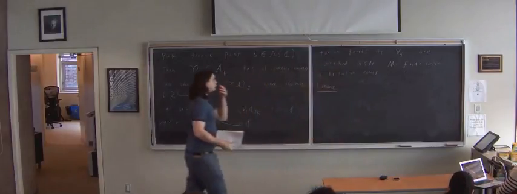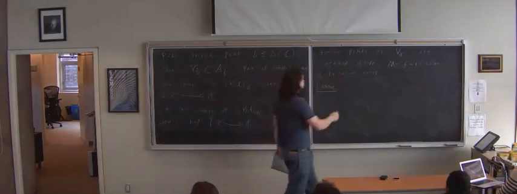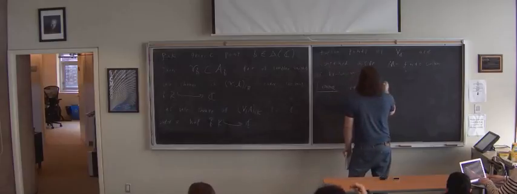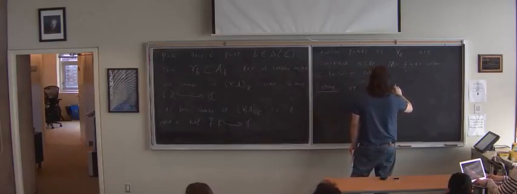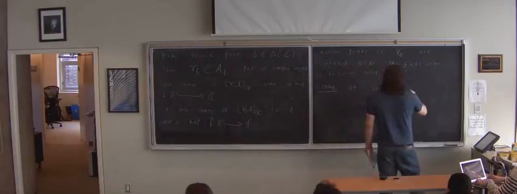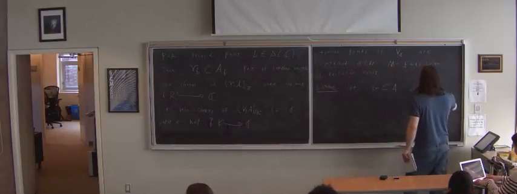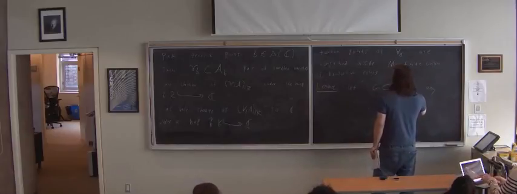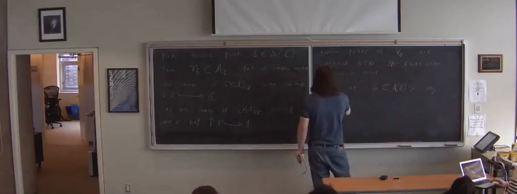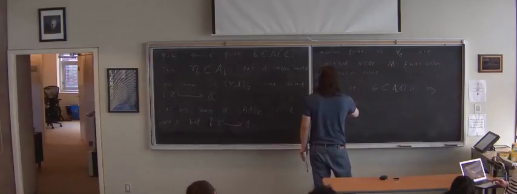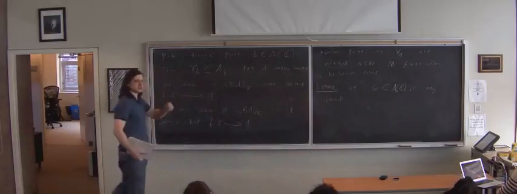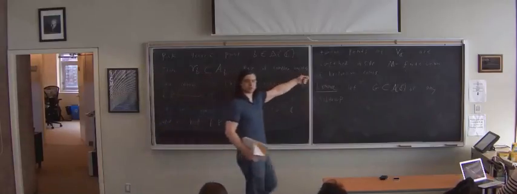Now we need the following lemma. Let G in A, the complex points of A, be any subgroup. So no assumptions. G doesn't have to be closed or anything, it can be some horrible mess.